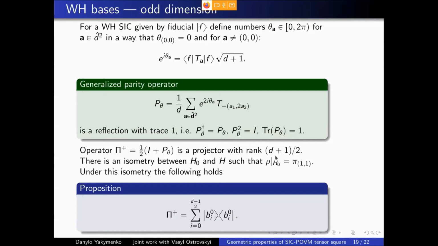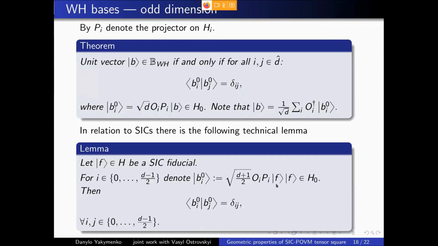This projector will have rank (d+1)/2, and it turns out that under a natural isometry between H0 and H, it is a sum of projectors on those vectors that form a non-complete basis, and this basis is what we defined on the previous slide.